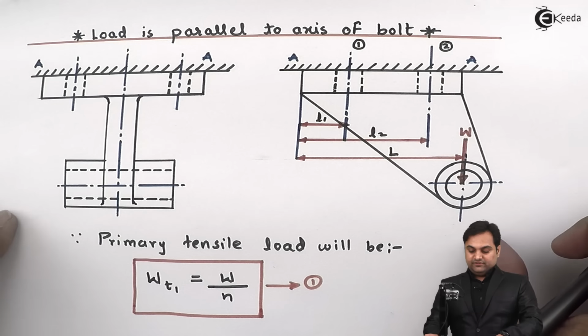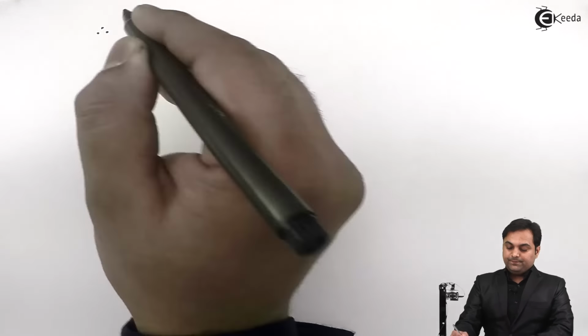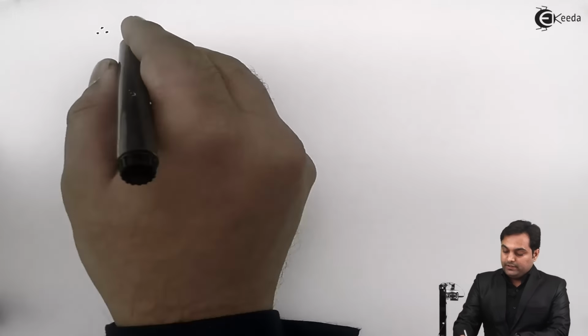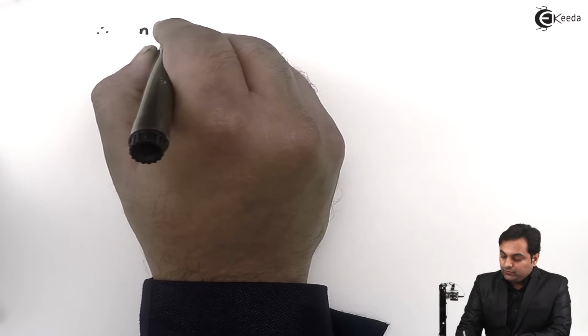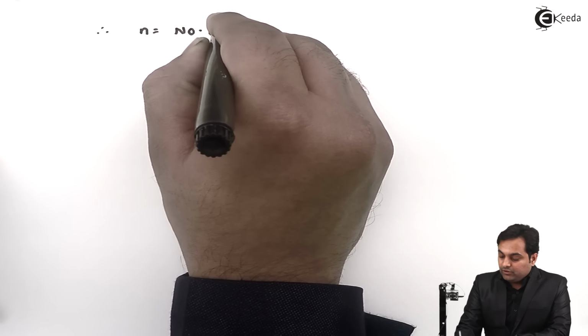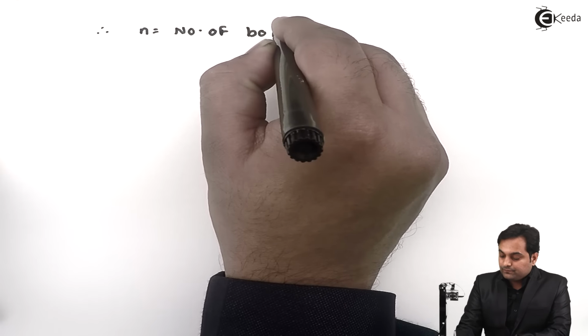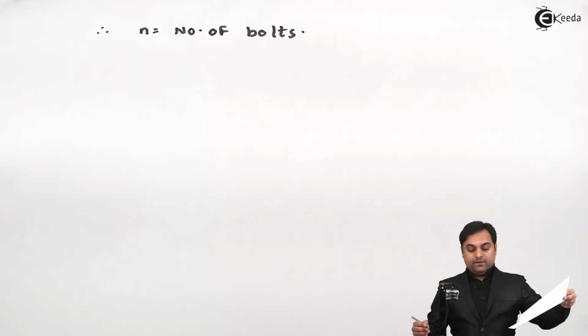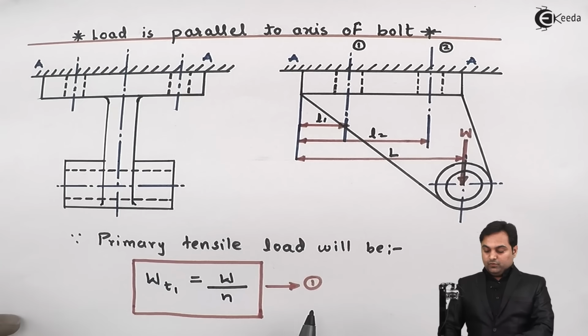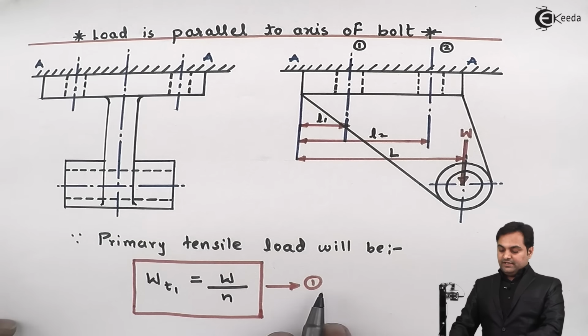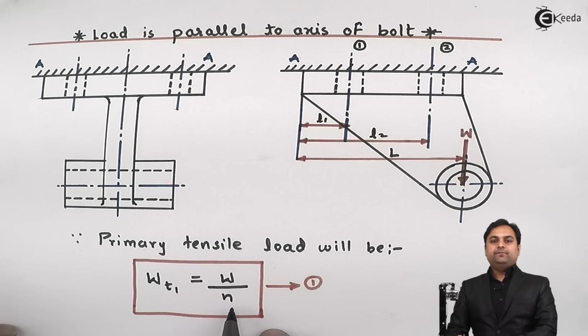Now after this I'll say that therefore N is equal to number of bolts, and from equation number 1 it is clear that the total load is shared by N number of bolts.